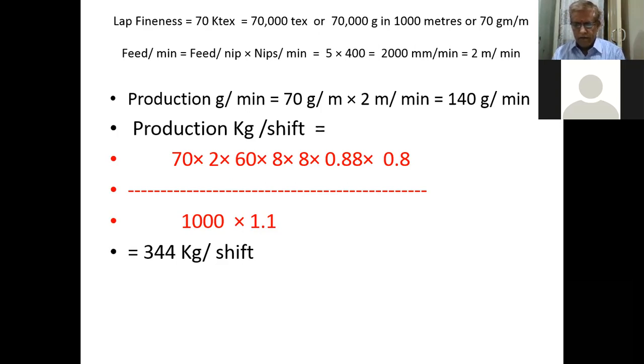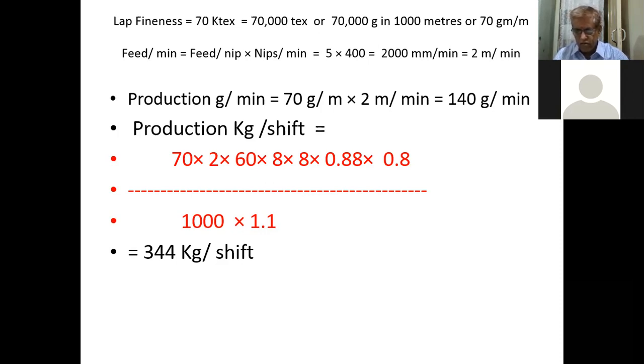So to convert it into hour, multiply by 60, then for 8 hours, multiply by 8, and for 8 heads, again multiply by 8. 88% is efficiency, multiply by 0.88. And if 20% is noil percentage, then 1 minus 20 divided by 100 will be 80 upon 100 or 0.8.